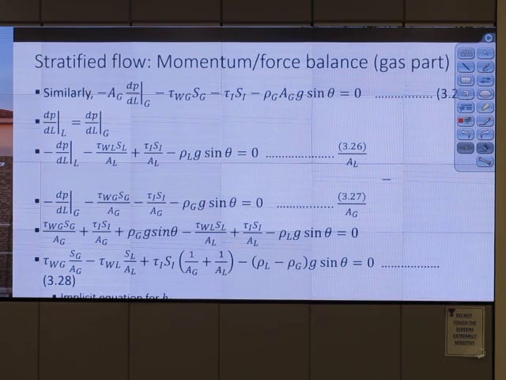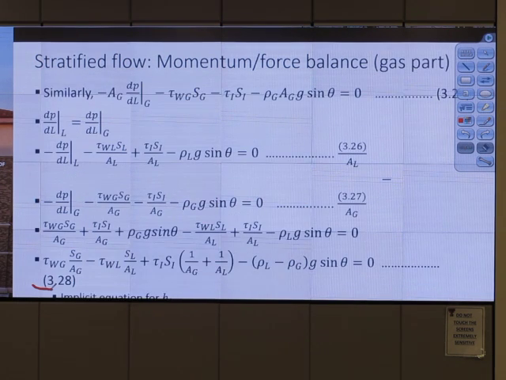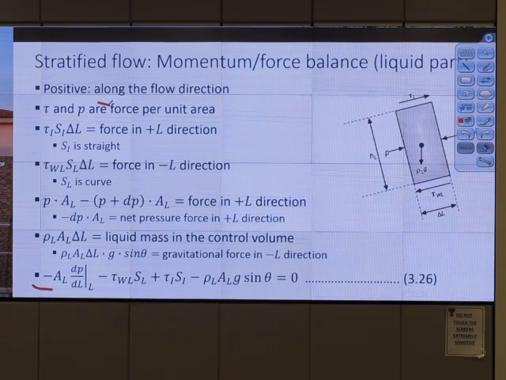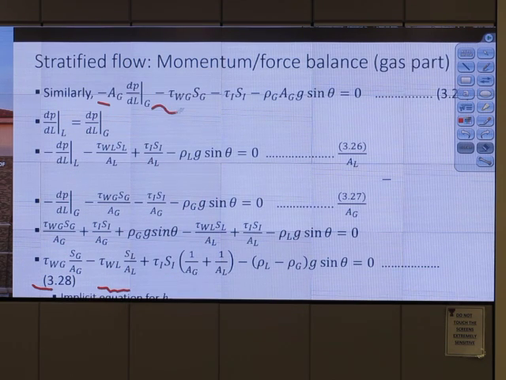What you have to change is: minus stays the same. Just change AL to AG, so this term, minus tau WL, you get minus tau WG. Change SL to SG, correct?